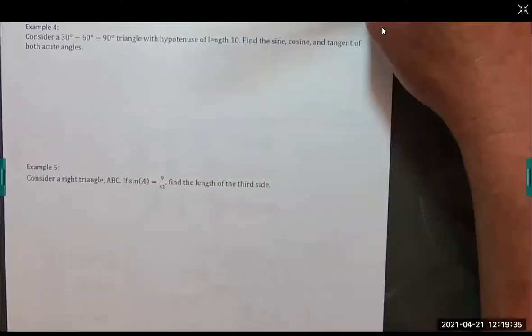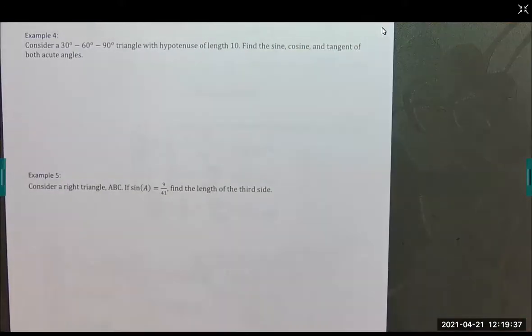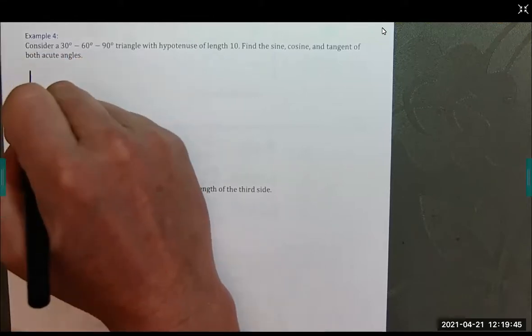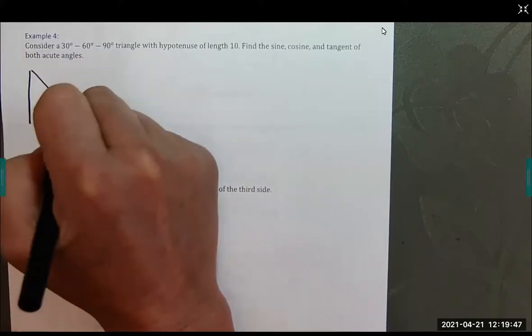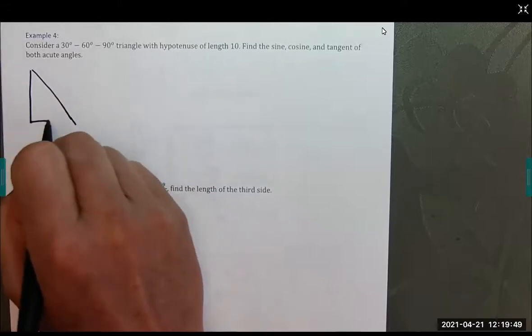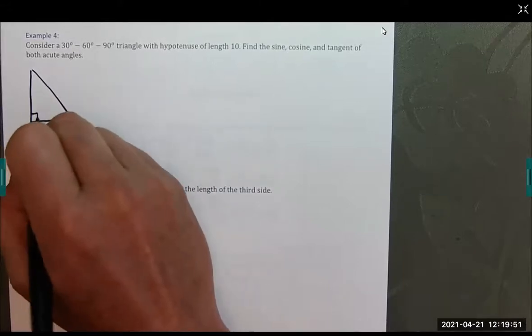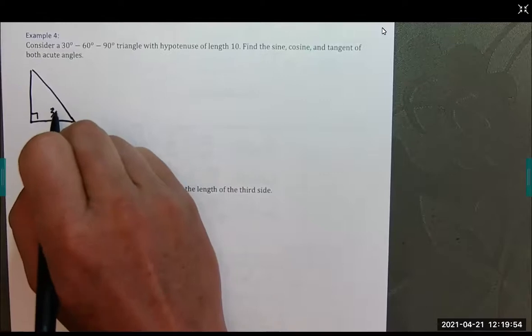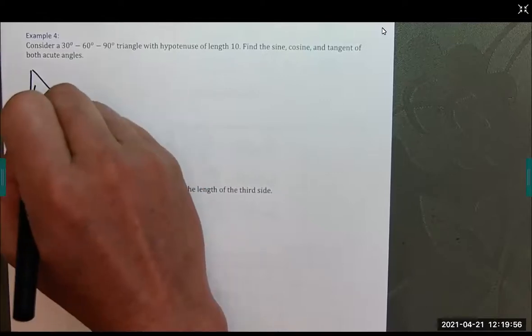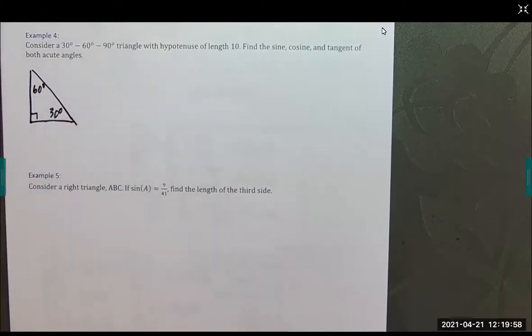Example 4. Consider a 30, 60, 90-degree triangle with a hypotenuse of length 10. Let's go ahead and draw that again. And we're going to draw on our special right triangles. And I'll say this is the 30-degree. This is the 60-degree. Of course, this is the 90-degree. And we have a hypotenuse of length 10.